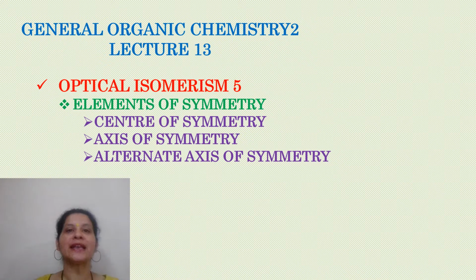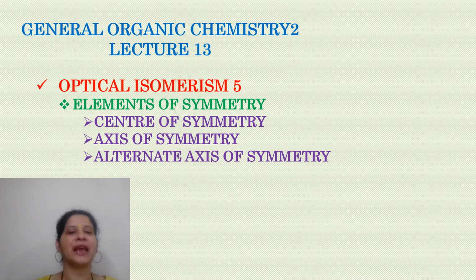Next is going to be axis of symmetry. If an axis of symmetry is present in a molecule, the molecule may or may not be optically active. So axis of symmetry is not very essential to understand optical isomerism in compounds. I will just tell you what we mean by an axis of symmetry with the help of an example.